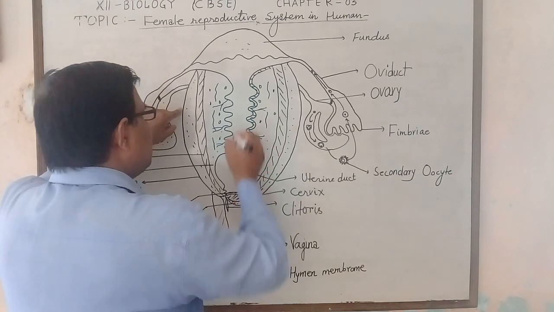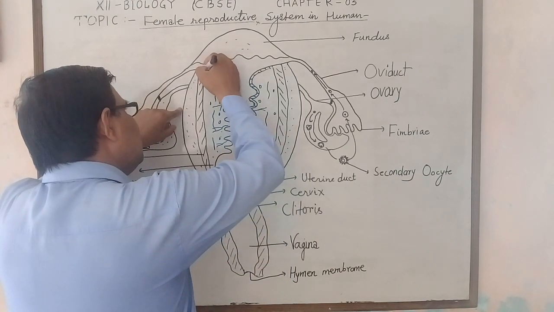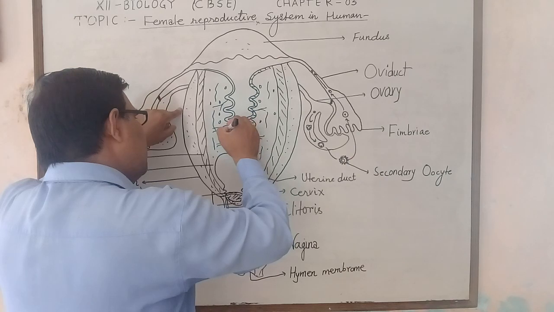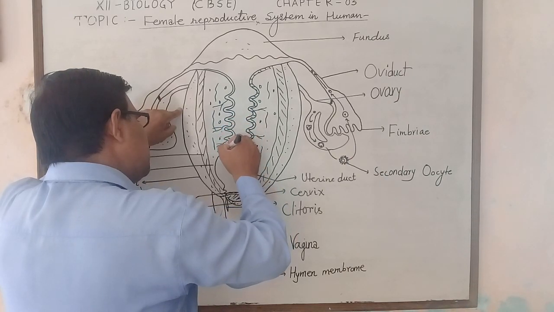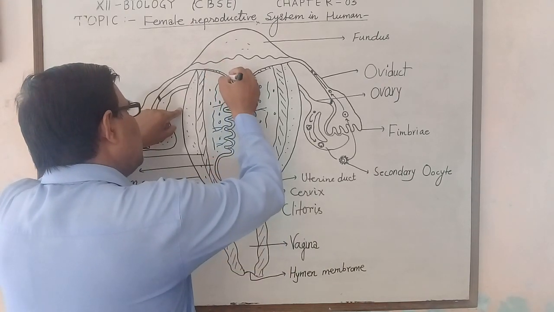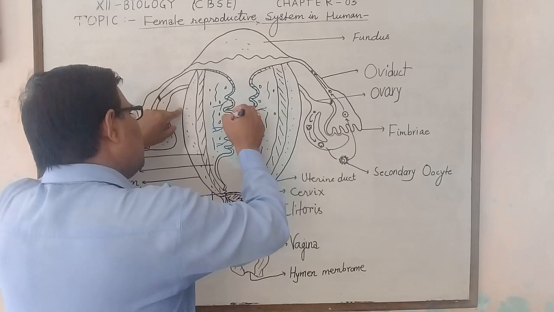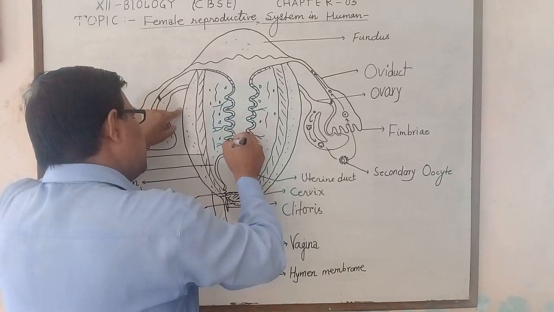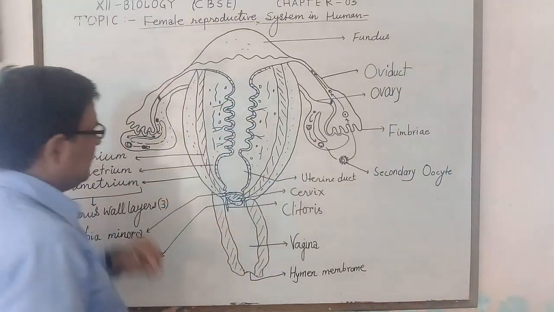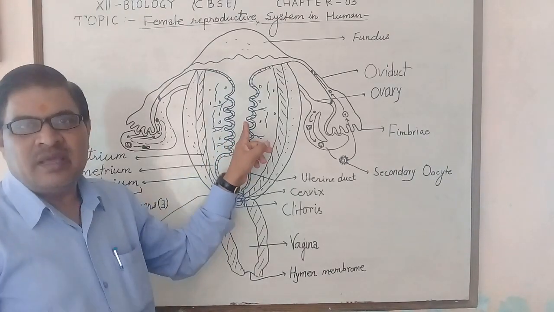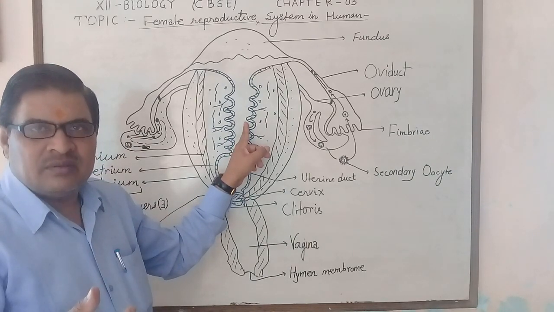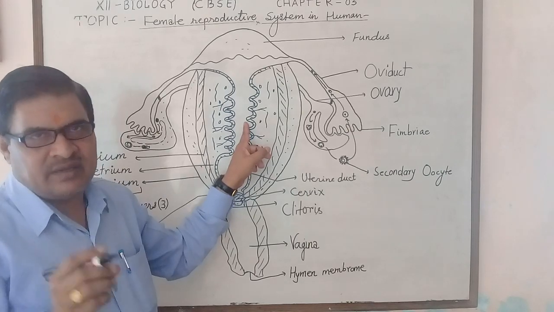This epithelial tissue, present as the innermost part, is ruptured during the menstrual cycle.